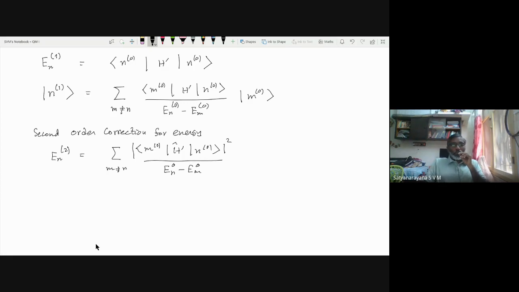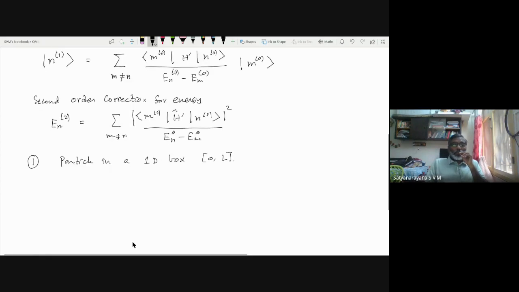So let us try to solve some problems. The first problem I want to solve is a particle in a one-dimensional box of size 0 to L, and we know the energy eigenvalues and eigenfunctions for this.